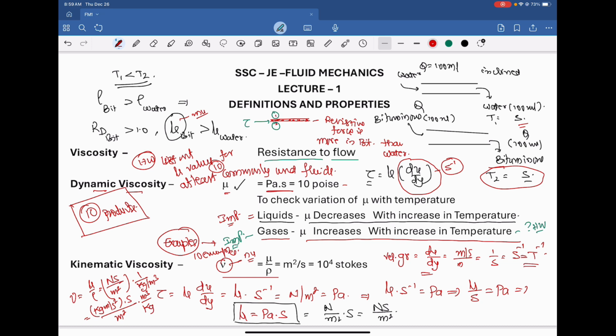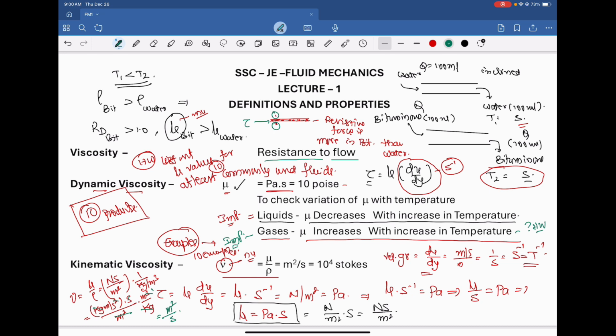This kg will go off. Meter square will go off with one meter. Meter into meter is equal to meter square. The second will go off. What is left will be meters square by second. The kinematic viscosity unit is meters square per second.